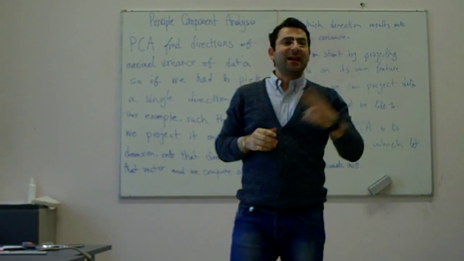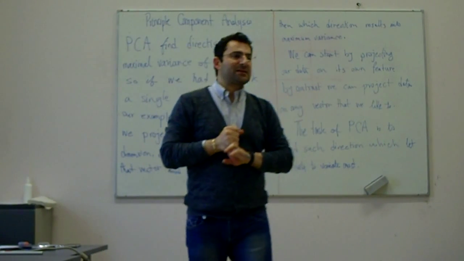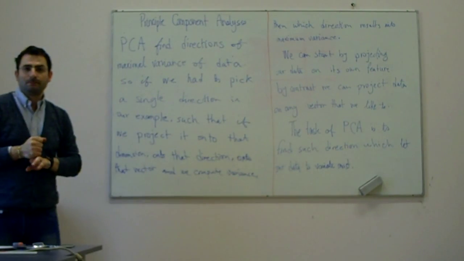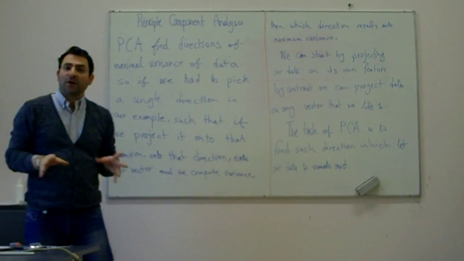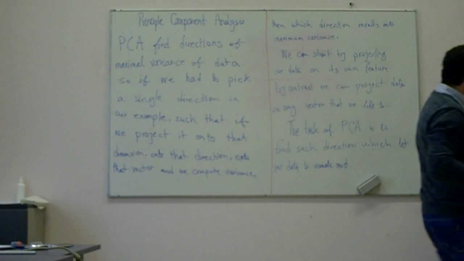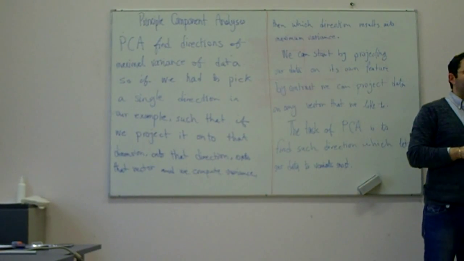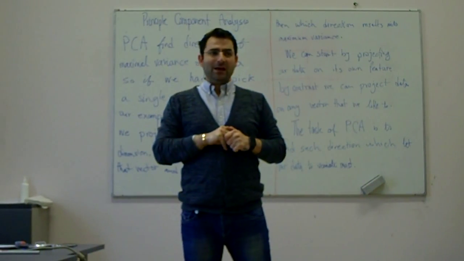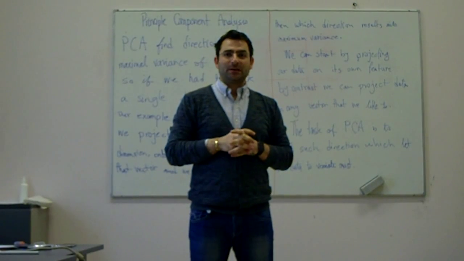What about the second best line? One of the cool things about PCA is that it not only provides us with the first best line, but also the second and third, depending on the dimension of the data, best lines which help us maximize the variation.